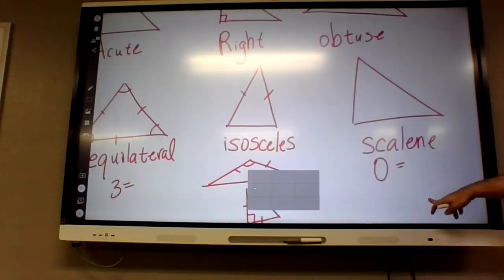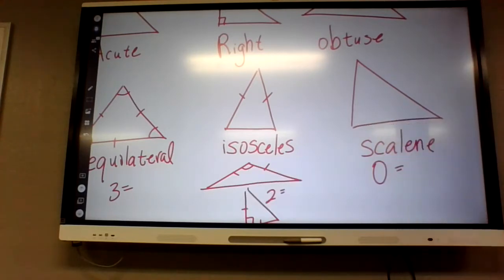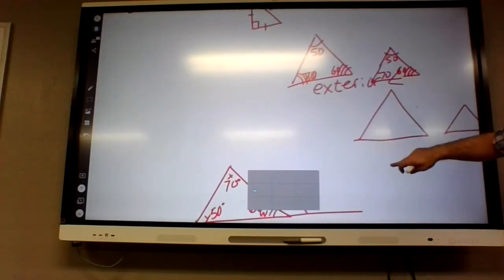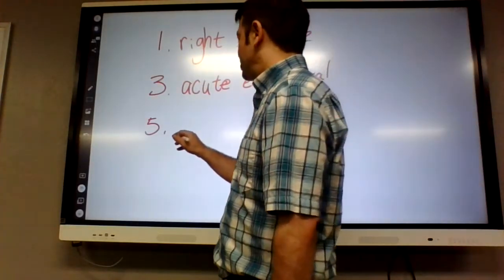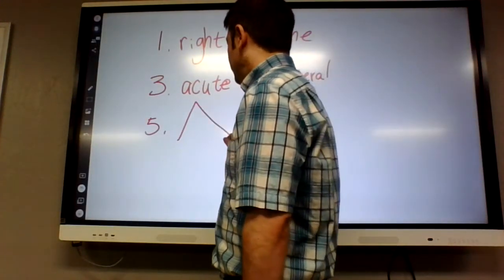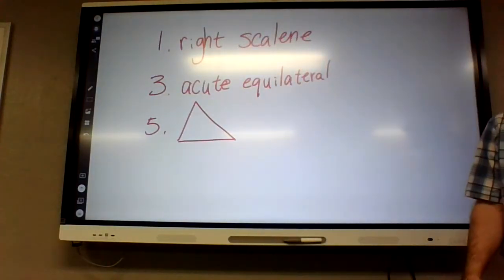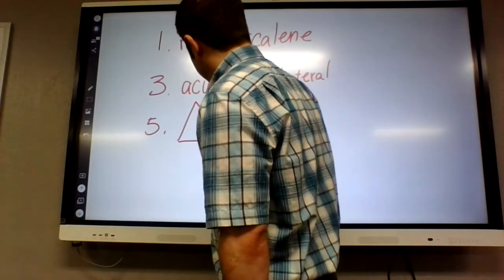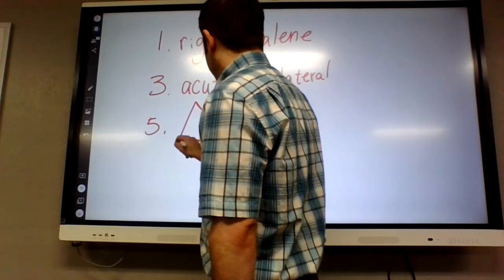One of my examples was acute, right? Remember that one? Just gotta be careful, make them a little bit different. I'm not gonna be super picky, but to make them different, you have to make all the angles different.